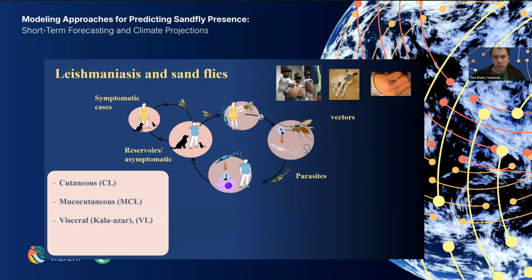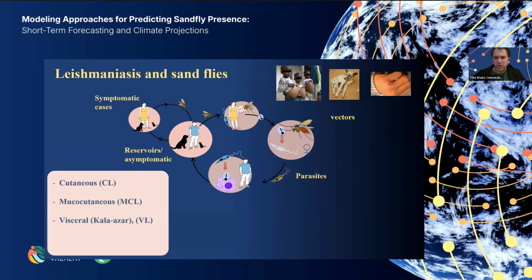And for those of you who never met the cycle of leishmaniasis, basically there are three partners in this cycle: the vectors, which are the sandflies, the parasites, and the host reservoirs that might be asymptomatic or symptomatic. They can be humans, wild or domestic animals.